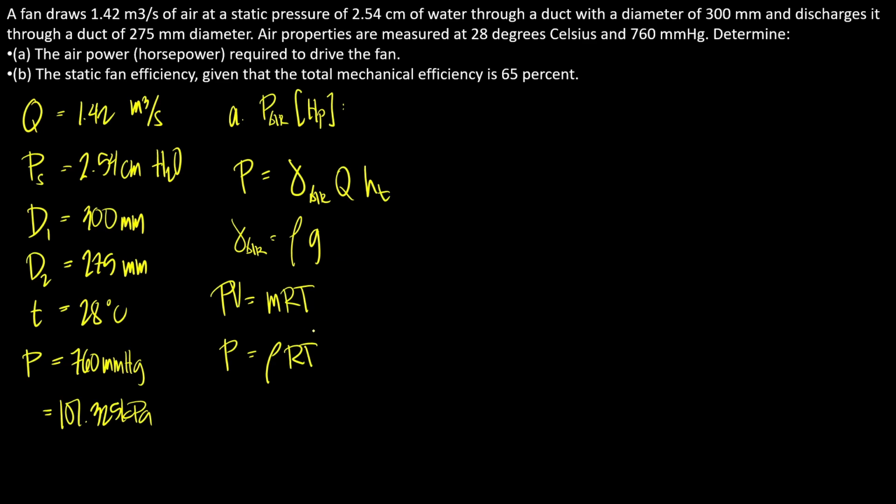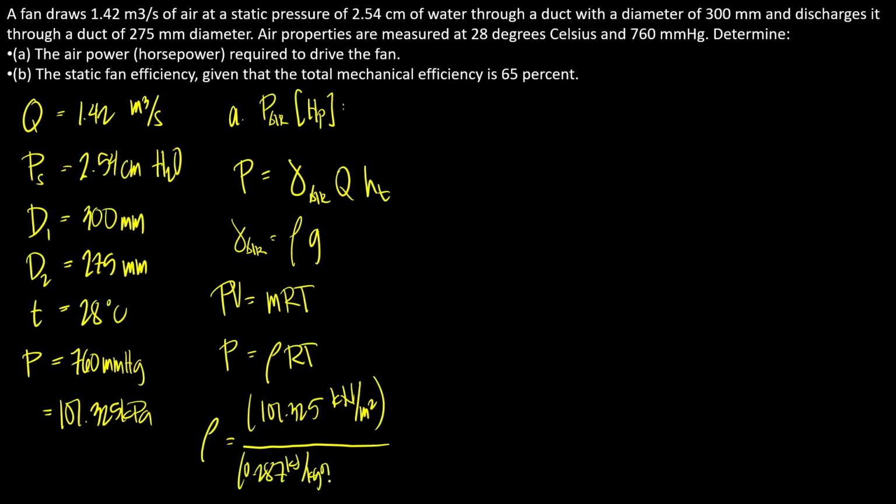So first we need to get the density. We have a pressure of 101.325 kilonewton per meter squared, 0.287 kilojoules per kilogram Kelvin, and 28 plus 273.15 Kelvin.